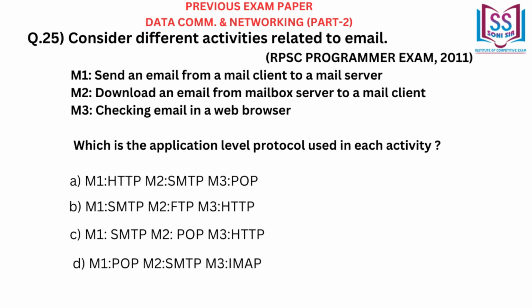A. M1 HTTP, M2 SMTP, M3 POP. B. M1 SMTP, M2 FTP, M3 HTTP. C. M1 SMTP, M2 POP, M3 HTTP. D. M1 POP, M2 SMTP, M3 IMAP. Correct answer C. M1 SMTP, M2 POP, M3 HTTP.